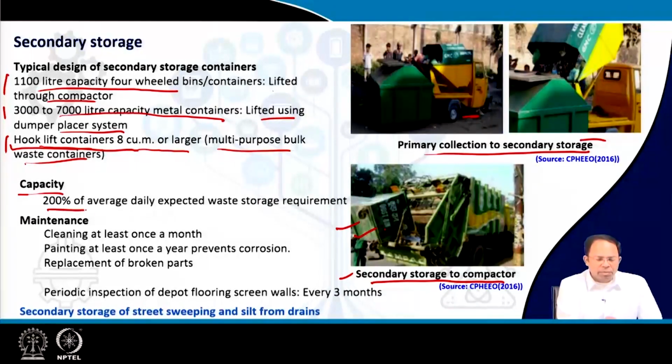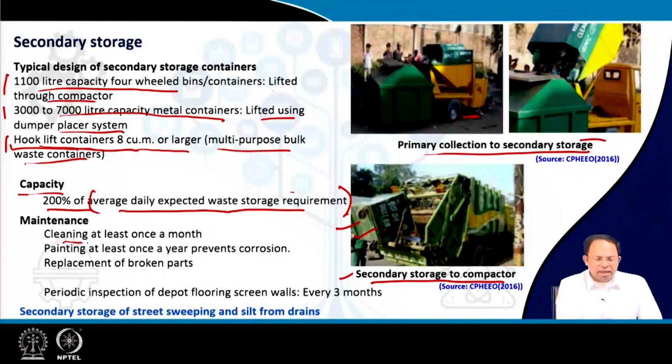So around 200% of average daily expected waste storage is taken as the spare capacity. That means we take double the normal average daily expected waste storage requirement, and that's the capacity we design for this kind of secondary storage system.